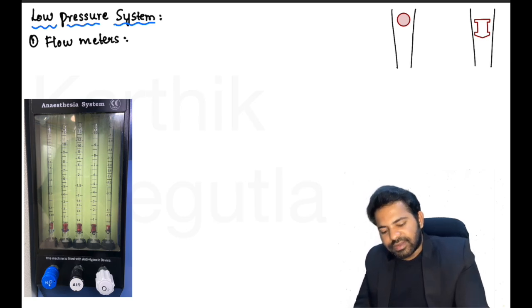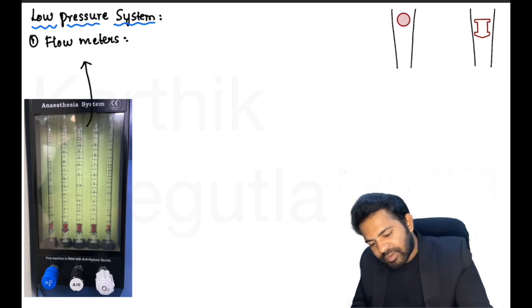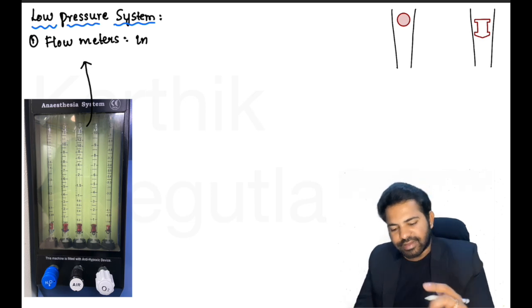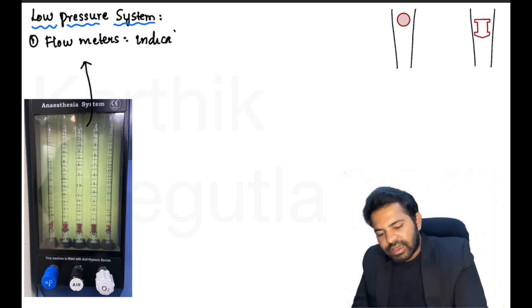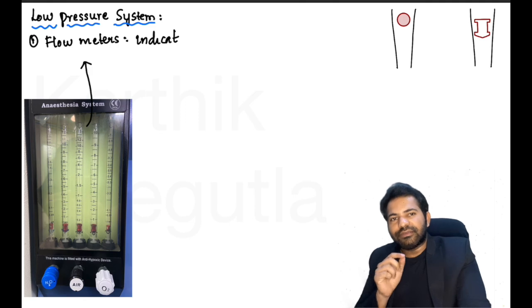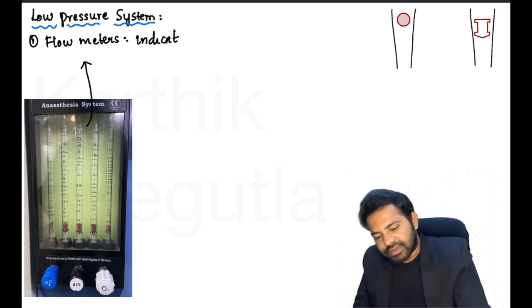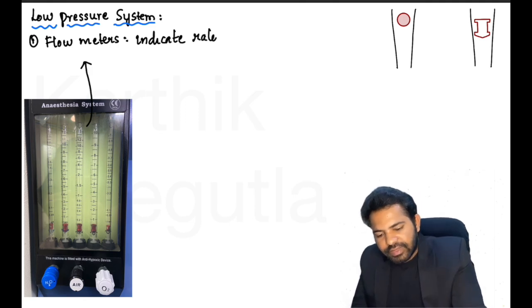What are flow meters? They are nothing but glass tubes. Here you can see these are the flow meters. They indicate the rate of flow of the gases passing through them.